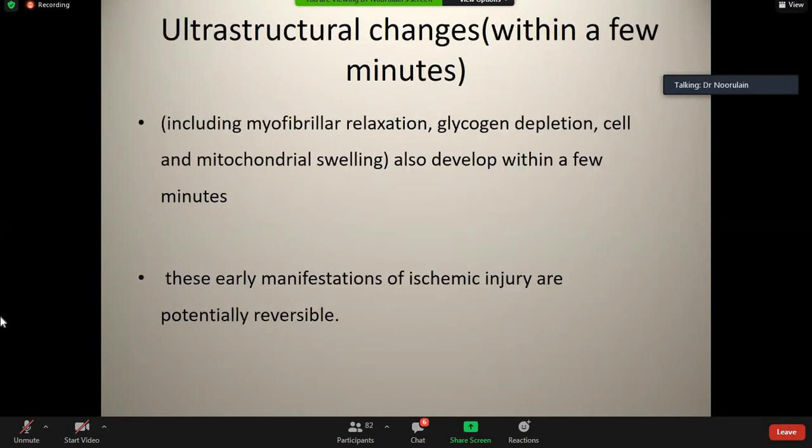What are the ultrastructural changes within a few minutes? These include myofibril relaxation, glycogen depletion, and cell and mitochondrial swelling.